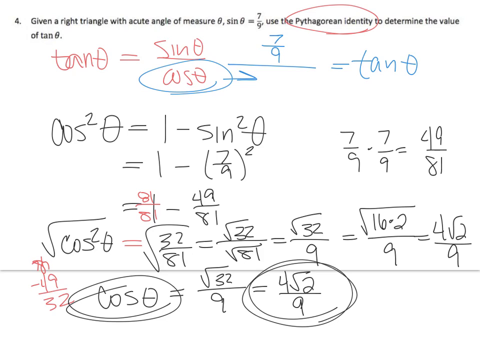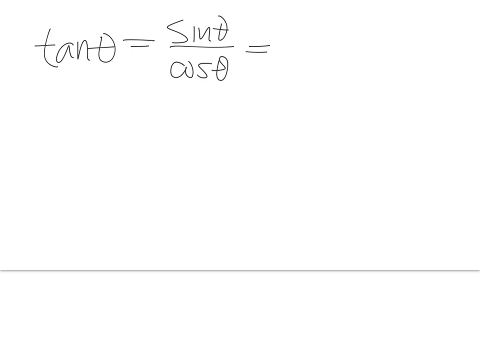I'm going to go to a new sheet. We're trying to find tan theta, which is sine theta over cosine theta. The problem gave us sine theta is 7/9. We just solved that cosine theta was 4 square root of 2 over 9.